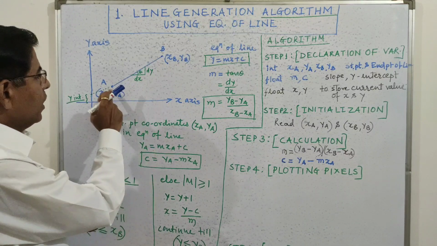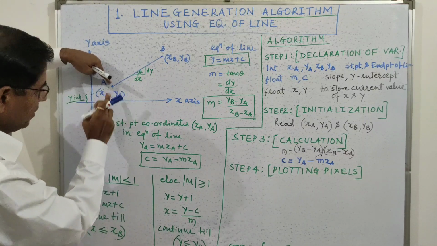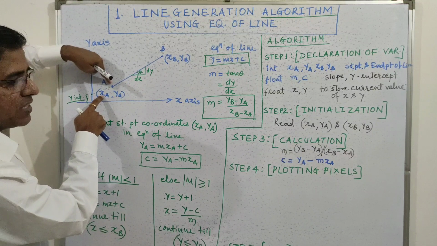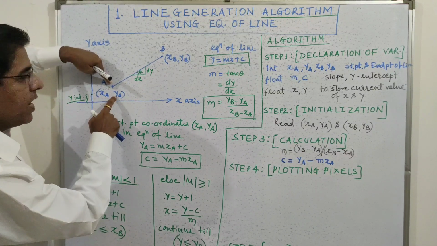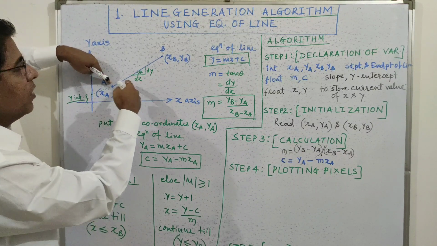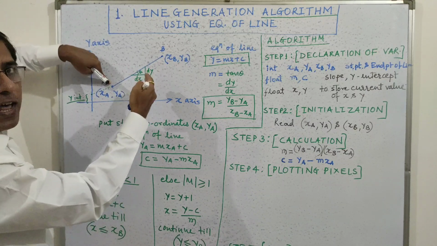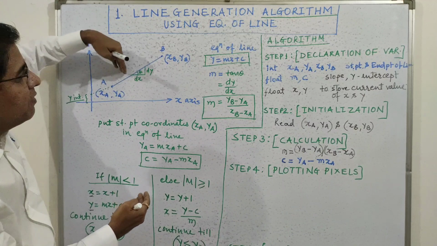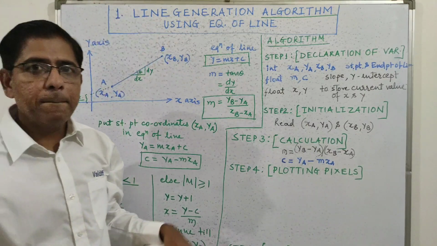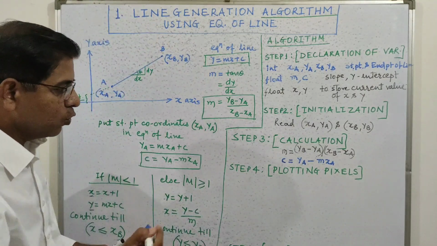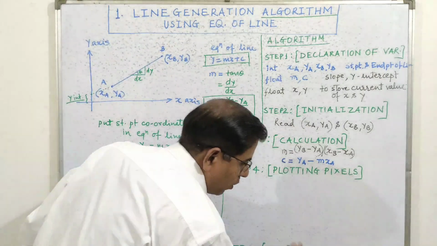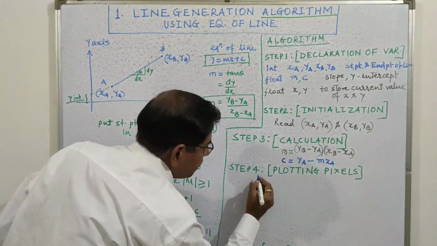So the initial value of X will be XA, initial value of Y will be YA. And then we keep on calculating the next iteration values of X and Y, and then we reach up to the end point.